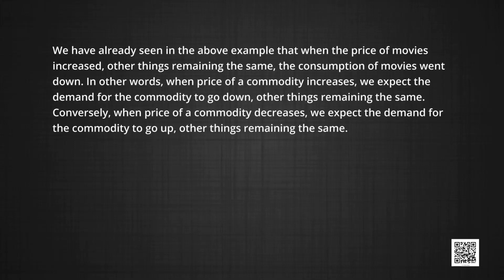In other words, when the price of a commodity increases, we expect the demand for that commodity to go down, other things remaining the same. Conversely, when the price of a commodity decreases, we expect the demand of the commodity to go up, other things remaining the same.